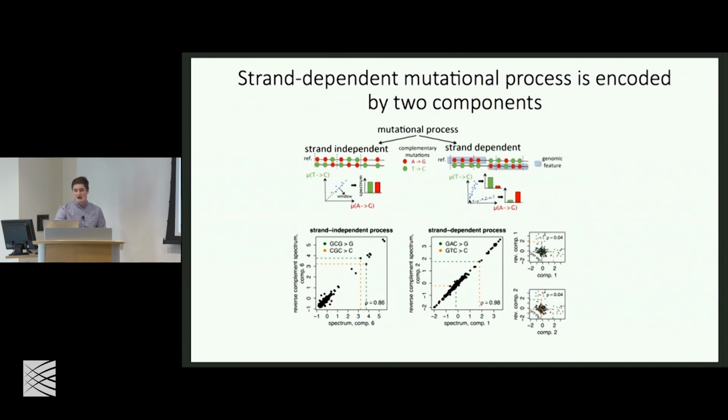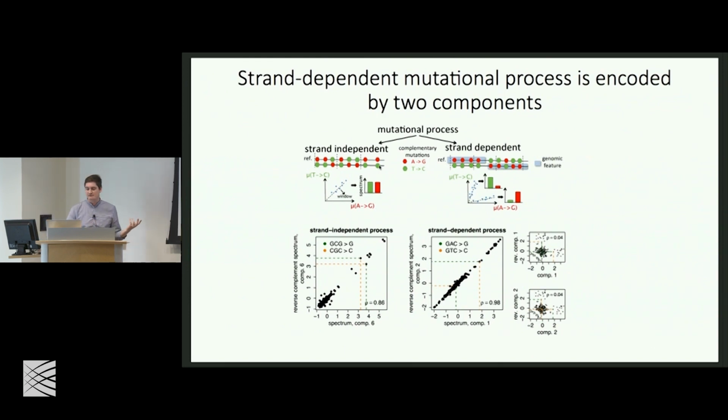This is the pattern that we would theoretically expect from a strand-dependent process. Basically, a strand-dependent process generates not one-dimensional component. It covers the whole two-dimensional space, and it generates basically two rays.